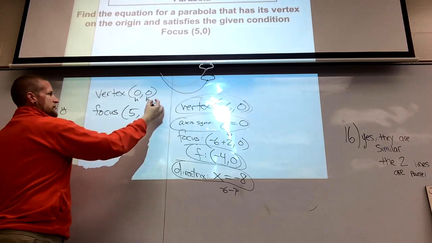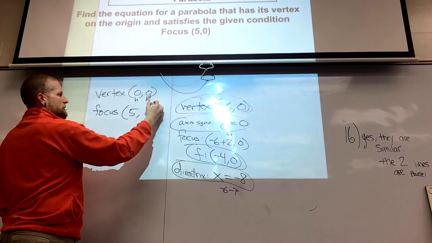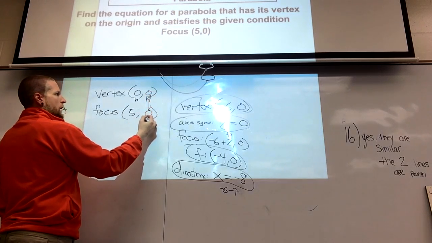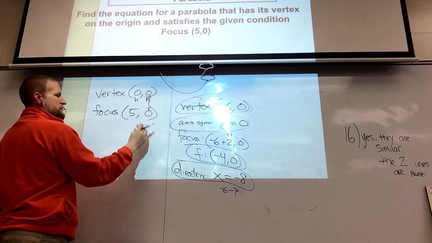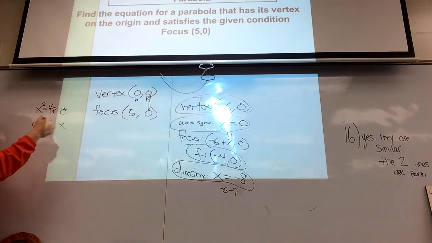Meaning that if I stack these, does this coordinate change at all? No. So since my y-coordinate is not changing, does that apply more to something that's x squared or y squared? Basically, go back and look and compare.